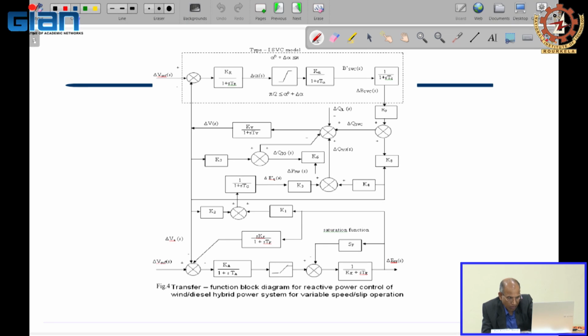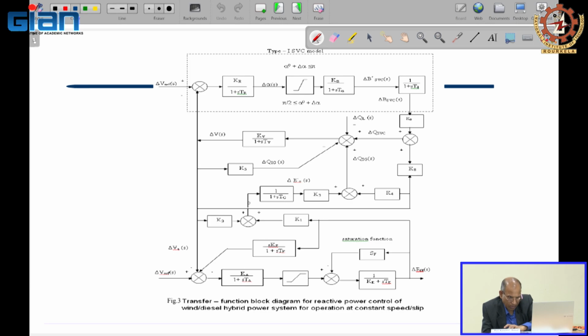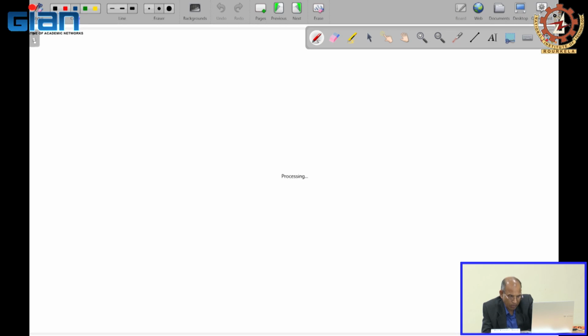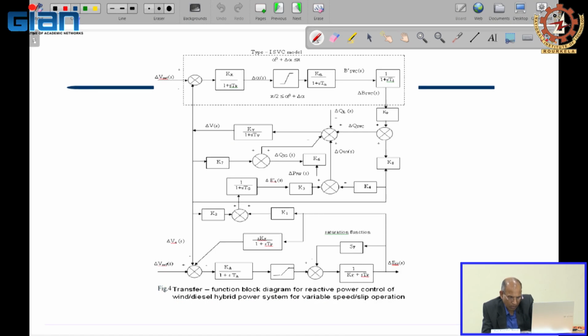So this was the case when you consider constant speed. When you consider the effect of variable slip or speed, in that case you have additional quantities to show the effect of variation of the wind speed.